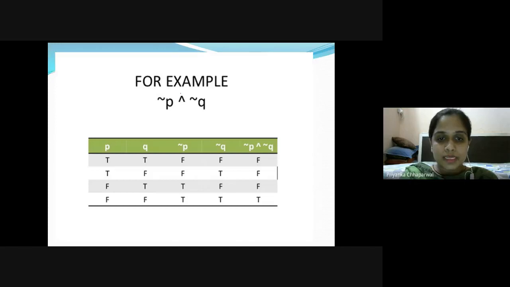So here I'm just finding not P intersection not Q. So it is the or operator.